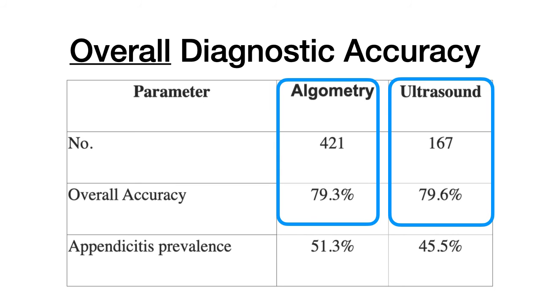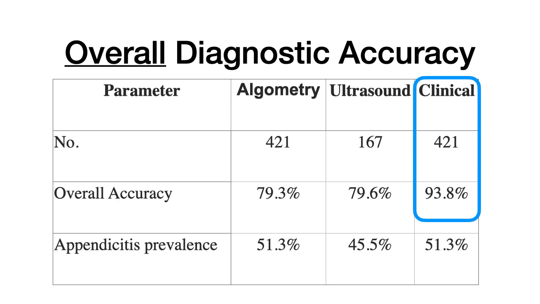Very close, however, it's not totally comparable because not all the patients had an ultrasound. Also, the prevalence for appendicitis is lower in the ultrasound group, so that would give ultrasound a more favorable diagnostic accuracy. However, I have a spoiler alert. The overall clinical accuracy was almost 94%. In other words, an experienced clinician is still more accurate in diagnosing appendicitis than all the tests we have.